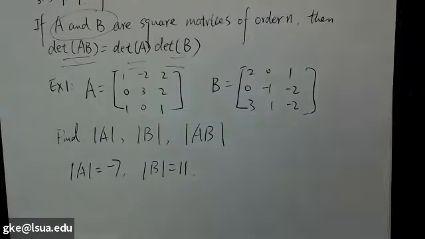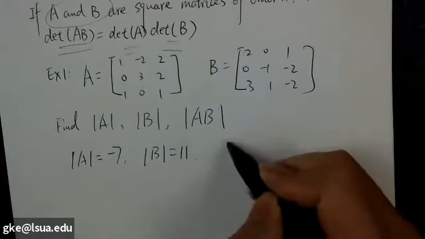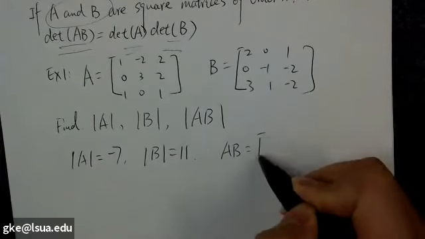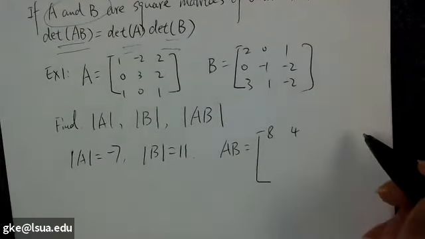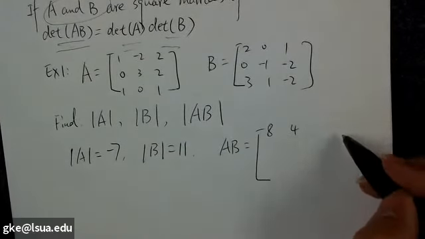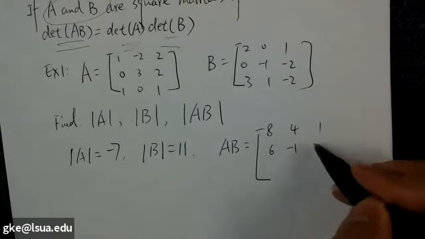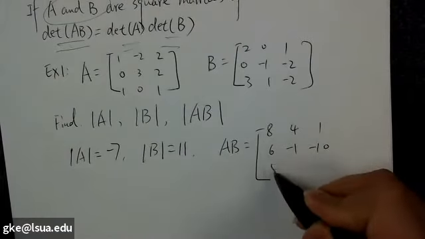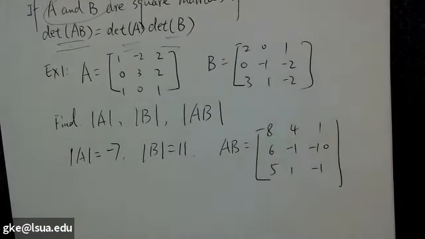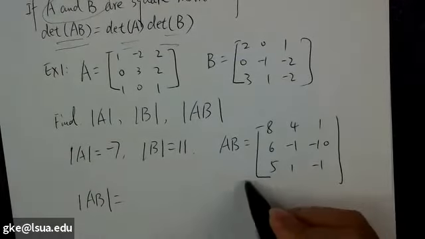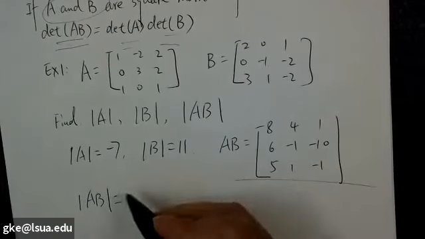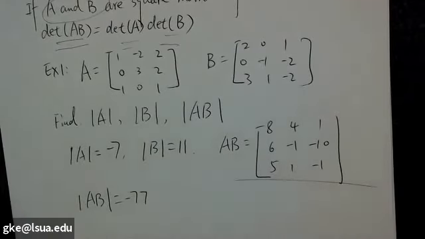And for AB, you can calculate AB. A times B equals the matrix 8, 4, 1, 6, negative 1, negative 10, 5, 1, negative 1. Okay, and then you calculate the determinant of this guy, you're going to get negative 77.